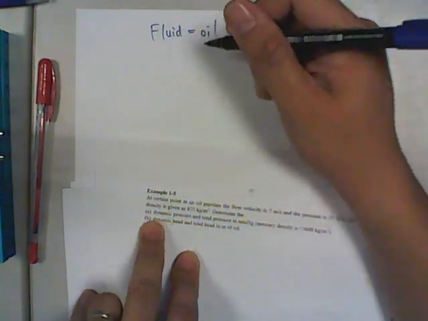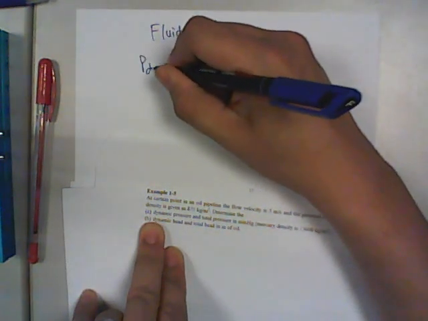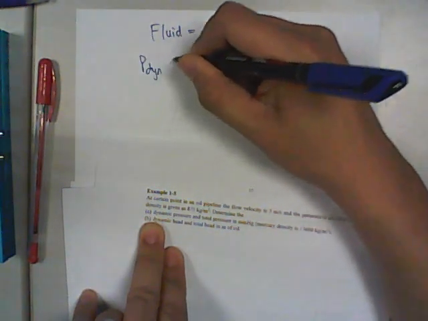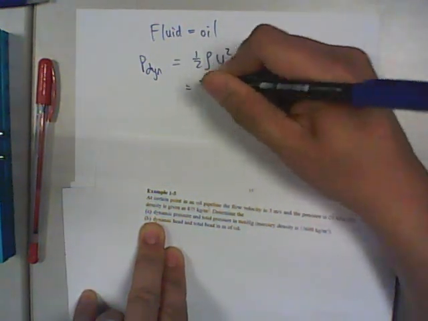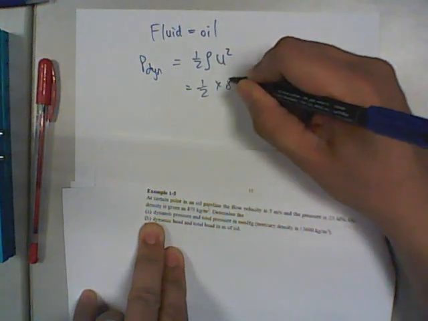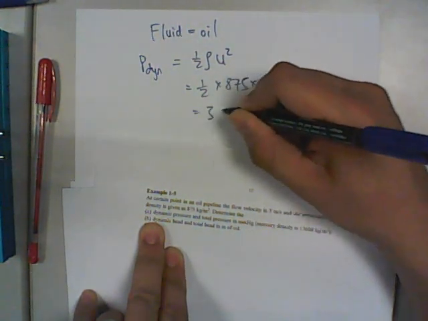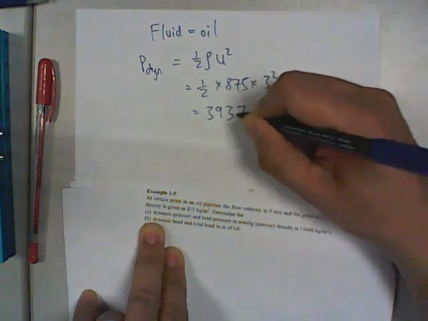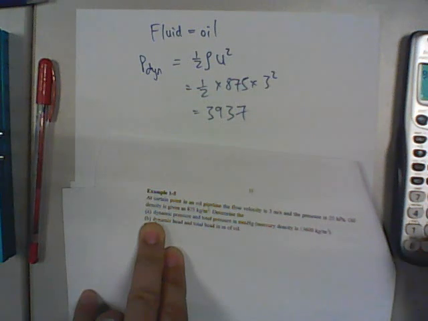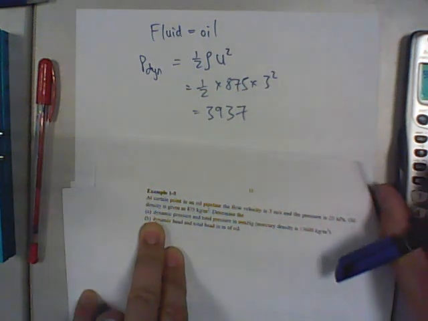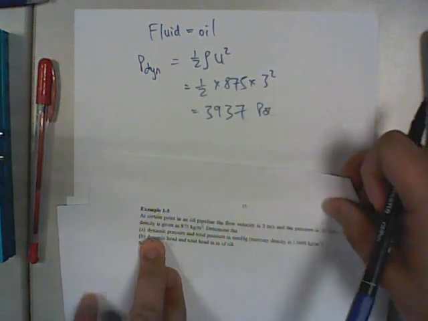The first thing you're going to find in part A is the dynamic pressure, which is half rho u squared. Half times 875 times 3 squared. Just now we found it is 3937 pascals.